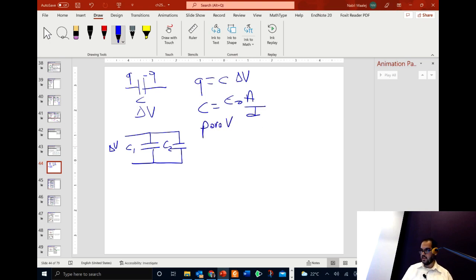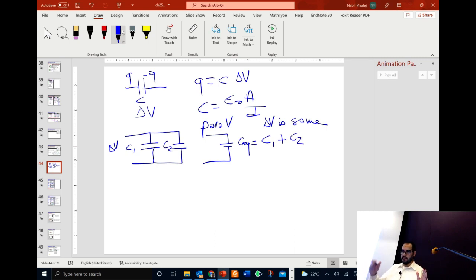That means parallel capacitors have the same potential difference across them. We also determined that the equivalent capacitance, C equivalent, is just equal to the sum of C1 plus C2, and if we have more capacitors, that will be C3, C4, and so on.